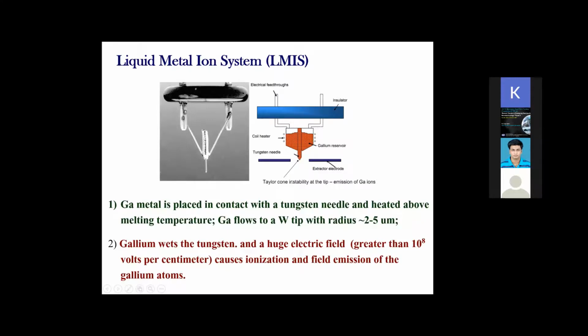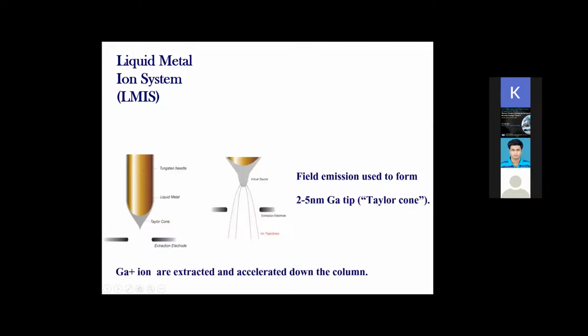And when a high electric field is applied at the extractor electrode, a Taylor cone will occur. I hope you know what a Taylor cone is. Though the tungsten tip is wide enough, the Taylor cone tip will be around 2 to 5 nanometer. So this concept is used in the ion beam source, even in the electron beam source also.